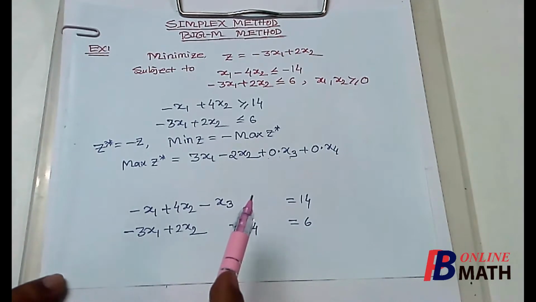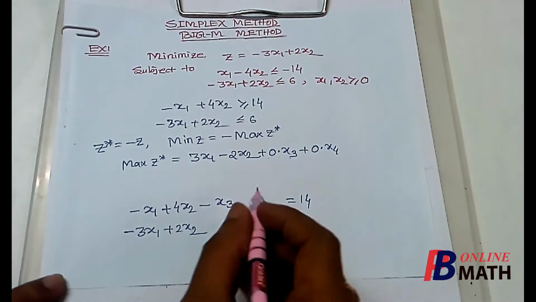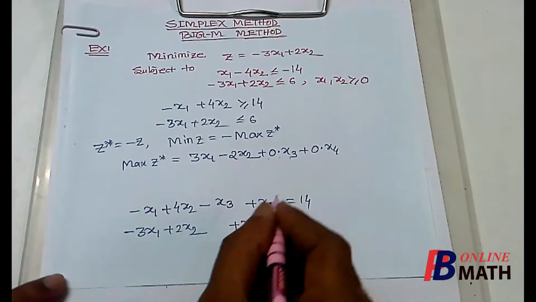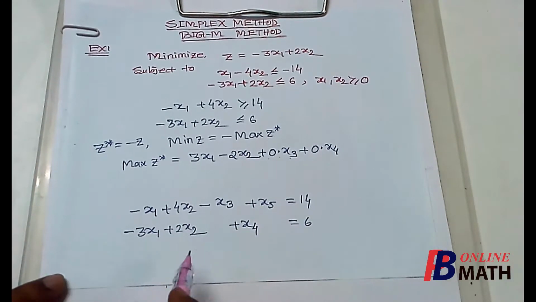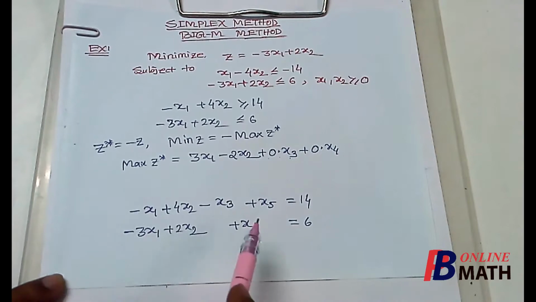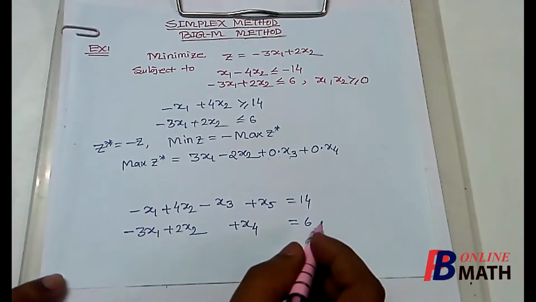Therefore we have to introduce one artificial variable. So let us introduce an artificial variable x5 to the first constraint so that we can get unit basis vectors. Now we have unit basis vectors corresponding to the variables x5 and x4. These unit basis vectors are 1 0 and 0 1.